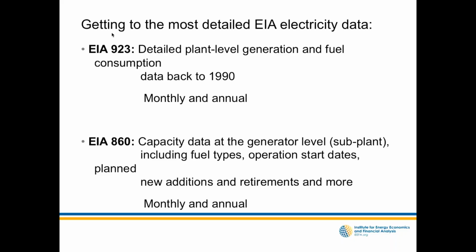It simply provides information about all the power plants that are currently operating, and includes information about planned power plants and retired power plants. That information is available monthly in a preliminary form, and they revise it into annual forms.